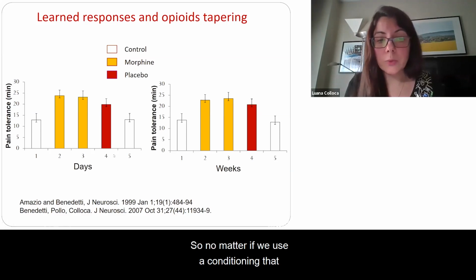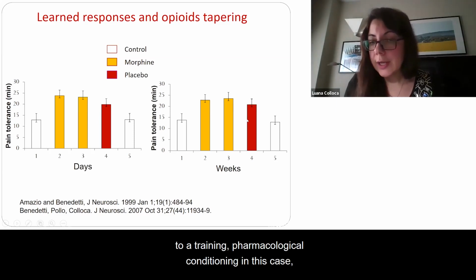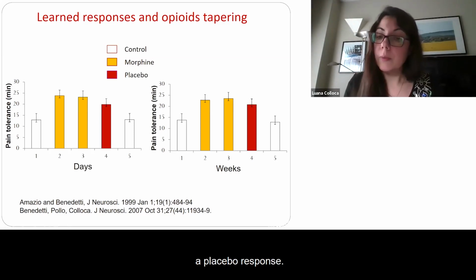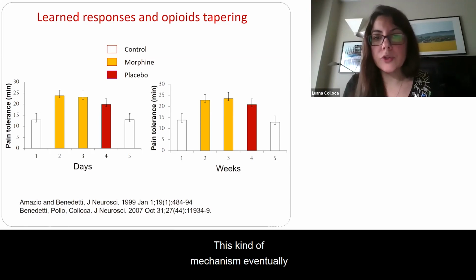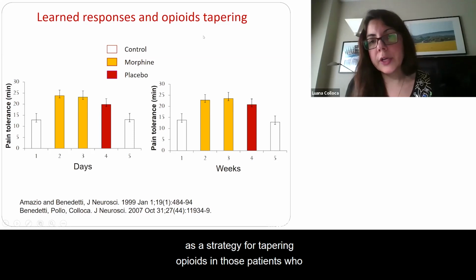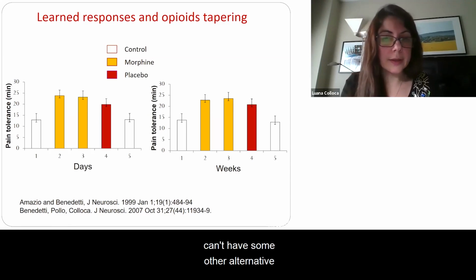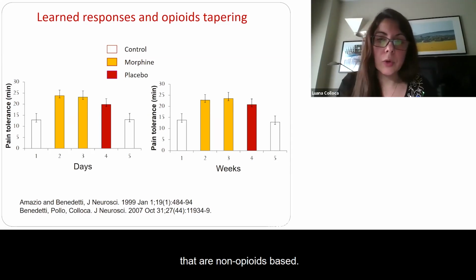So no matter if we use a conditioning that is days or weeks apart, we can elicit a placebo response through training, pharmacological conditioning in this case. This kind of mechanism can eventually be relevant now that we face the epidemic of opioids, as a strategy for tapering opioids in those patients who still need to use opioids and can't have other alternatives that are non-opioid based.